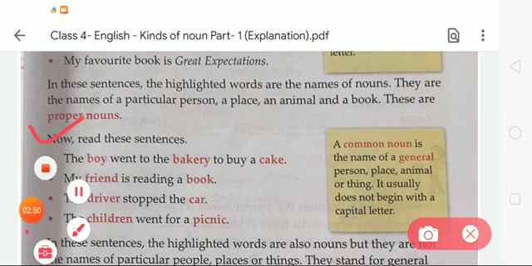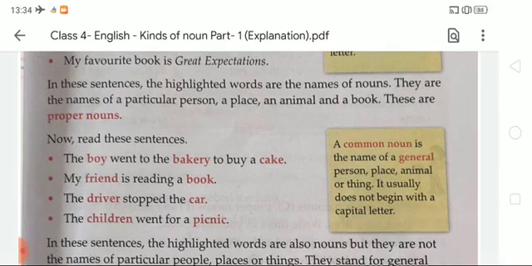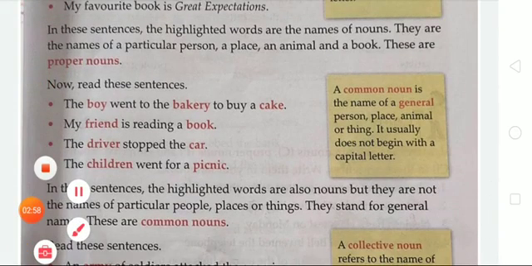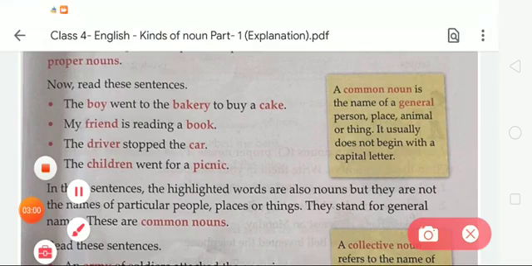My friend is reading a book. The driver stopped the car and the children went for a picnic. In these sentences, the highlighted words are also nouns, but they are not the names of particular people, places or things. They stand for general names. These are common nouns.